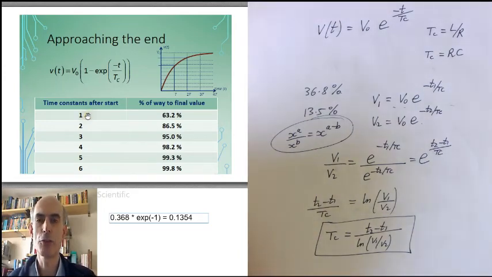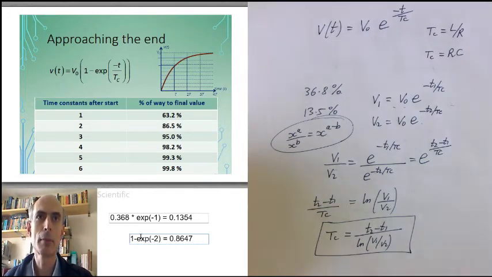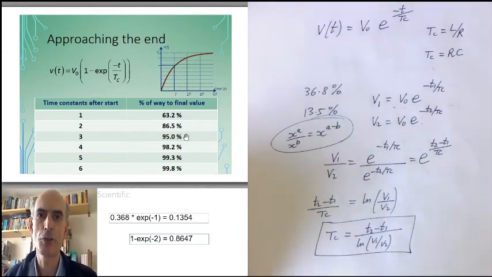After one time constant, as we've seen, you're 63.2% of the way to the final value. Two time constants, it works out to be 86.5, or more accurately, 86.47% of the way to its final value. After three time constants, you're 95% of the way to its final value. And that's quite a good one, a simple one to remember.